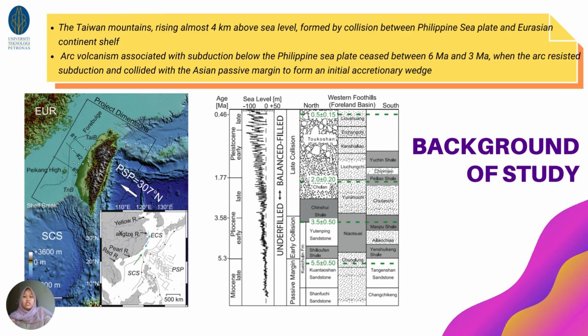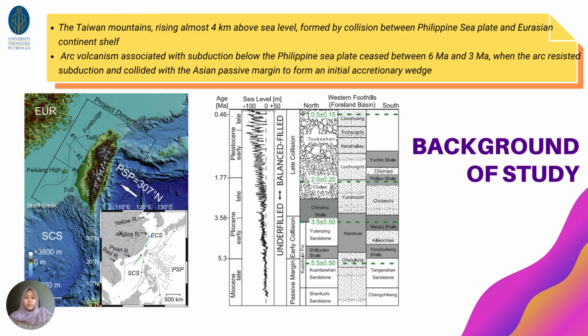Note that the change in the lithology in central of the South Taiwan is due to the topographic barrier called the Penghu High, which separated the northern Taishi Basin and the southern Tainan Basin. We are also going to get back to this part, where we're going to see how Penghu High affected the separation between both basins of Taishi and Tainan.